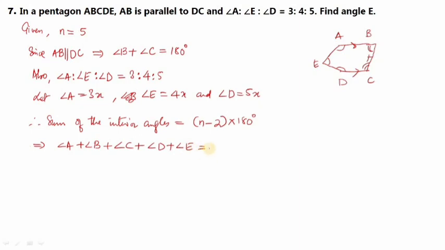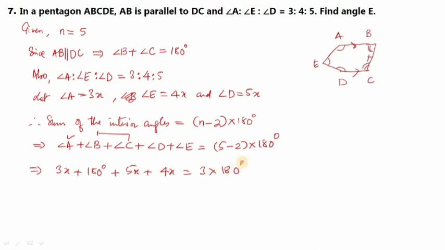So n is 5 out here, so 5 minus 2 into 180 degrees. Let me put the values. Angle A is 3x, plus angle B and angle C, when you add them up, in place of this I can write 180 degree. Angle D is 5x, and angle E is 4x. So this is 3 into 180 degree.